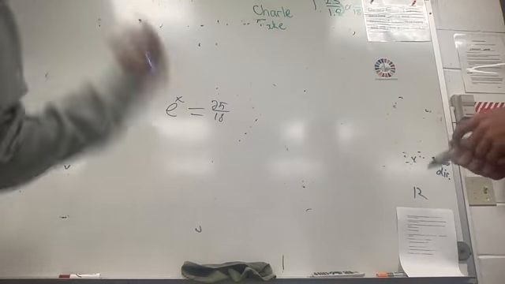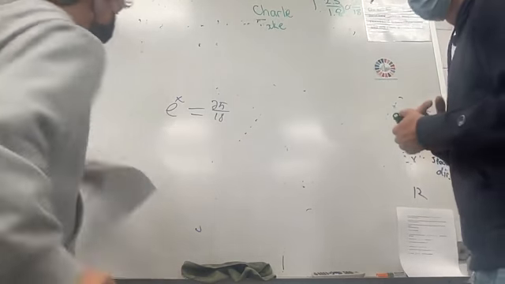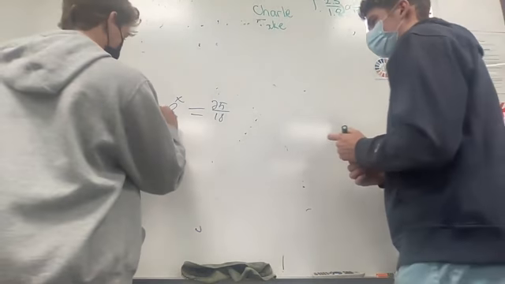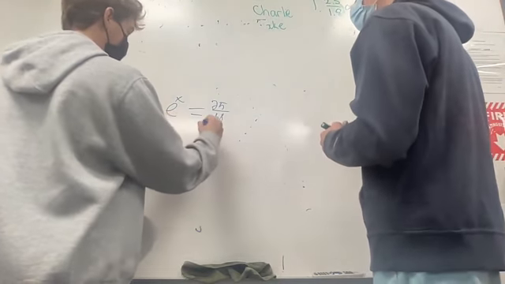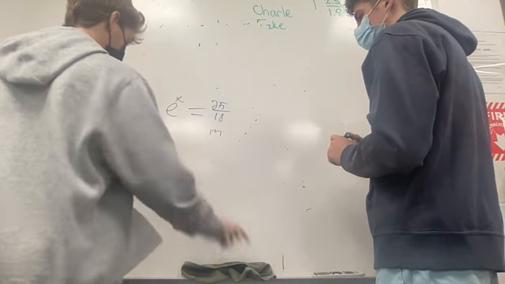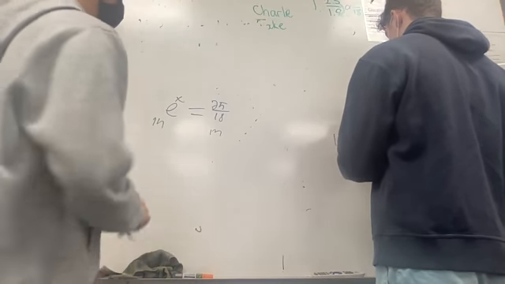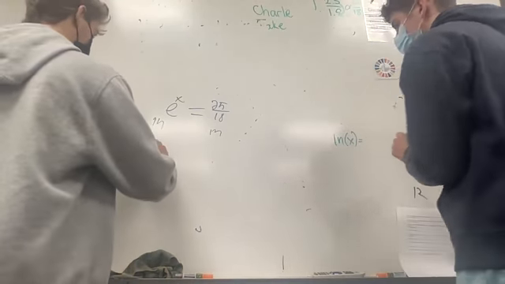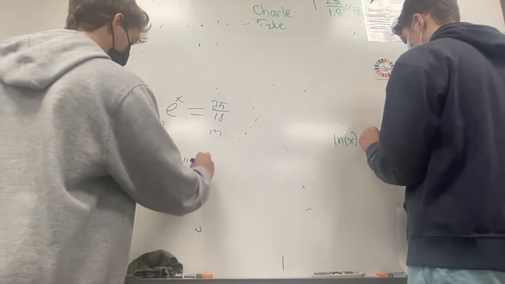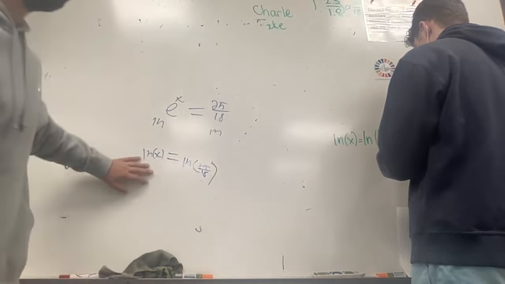Sorry, I haven't done this in a minute. The inverse of e is ln. So if we take the ln, we get ln x equals the ln of 25 over 18. I don't know if this is ln x though.